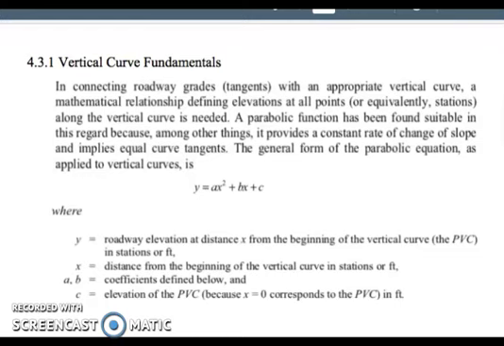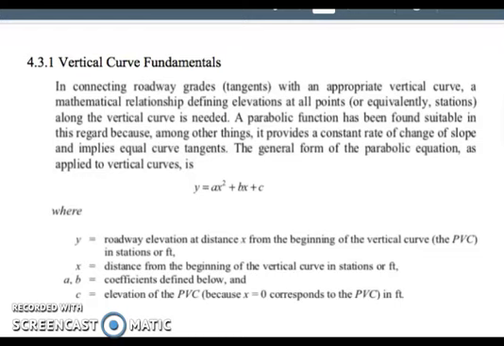The equation that you will be using, of course you are familiar with this from your analytic geometry, is the general form of the parabolic equation. So we have our equation for the vertical curve, y equals ax squared plus bx plus c. You have to take note that y is the roadway elevation at a distance x from the beginning of the vertical curve.